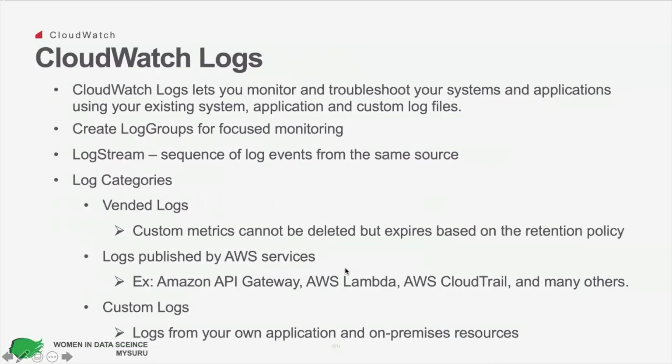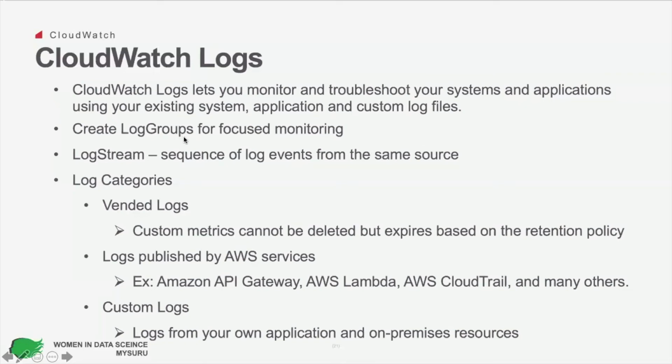We'll move on to CloudWatch logs. CloudWatch logs basically lets you monitor and troubleshoot your systems and applications using your existing system, application, and custom log files. So for example, you can create one group as a CI/CD group, which will house the logs from your build logs as well as deployment logs.